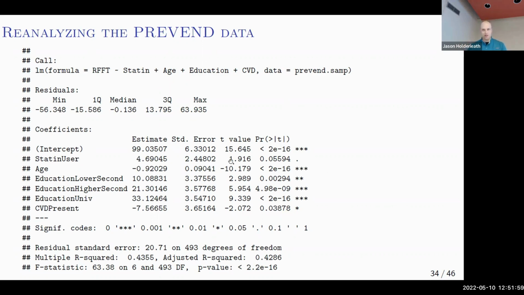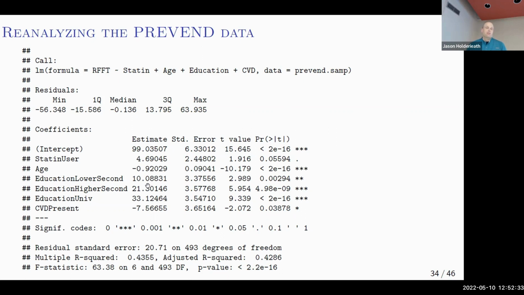And then we have this slope coefficient of 4.69. So you would expect statin users to have a score that was 4.69 points higher than the base group. You have your age right here. You would expect that an additional unit of age would lead to a 0.92 unit decline of scores.